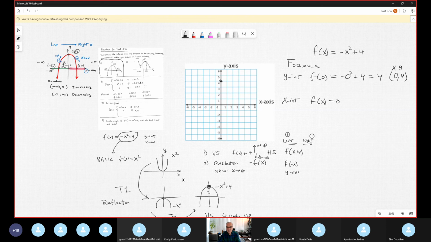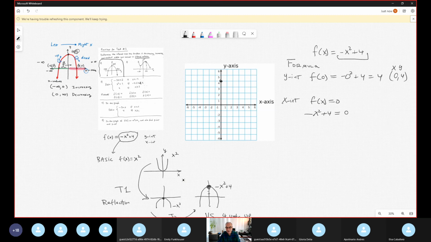Now, for the x-intercept, you copy the function expression, minus x squared plus 4, and you enforce it to be 0. When you enforce it to be 0, you have a quadratic equation. Super easy, elementary quadratic equation.